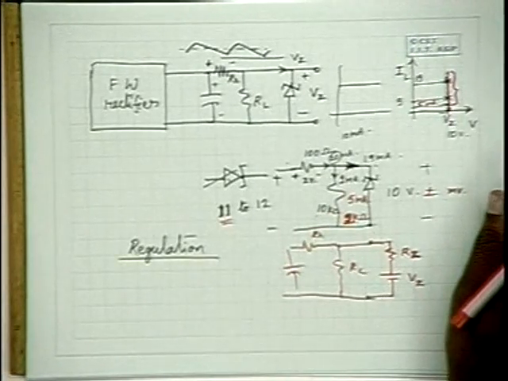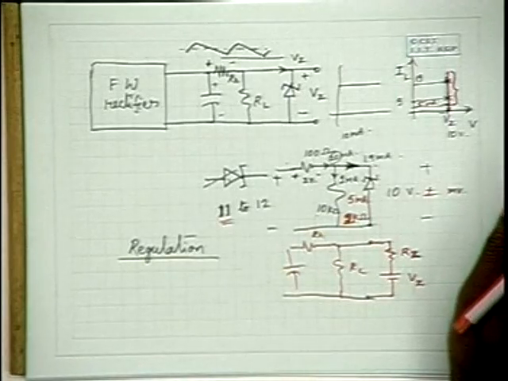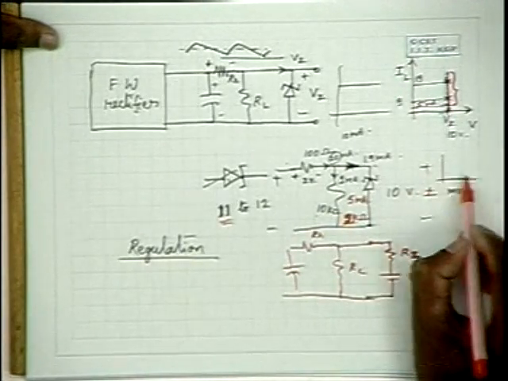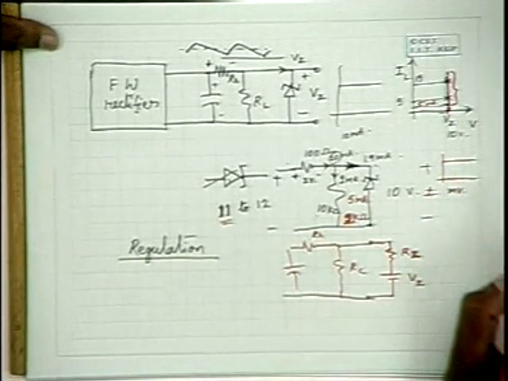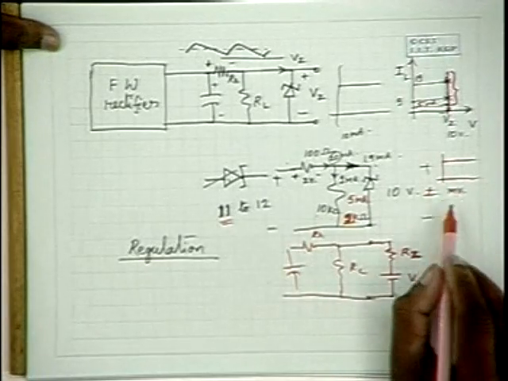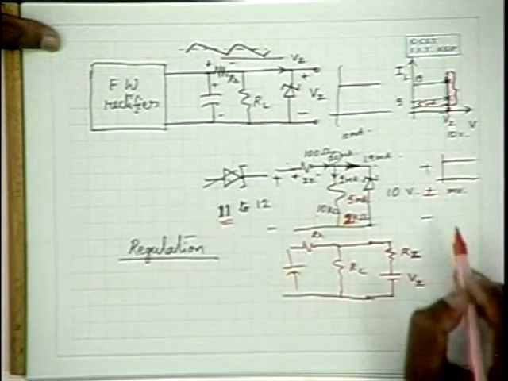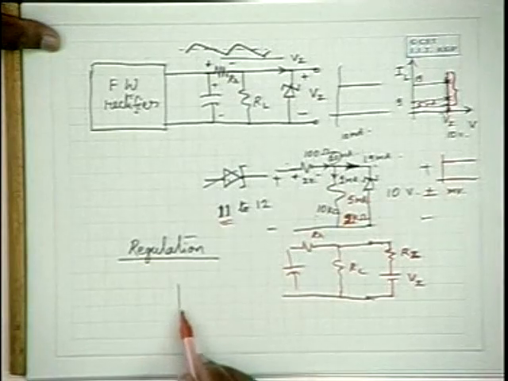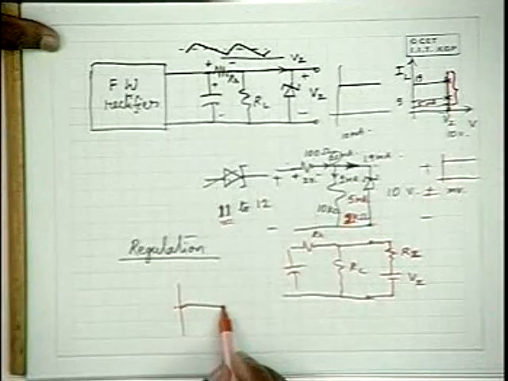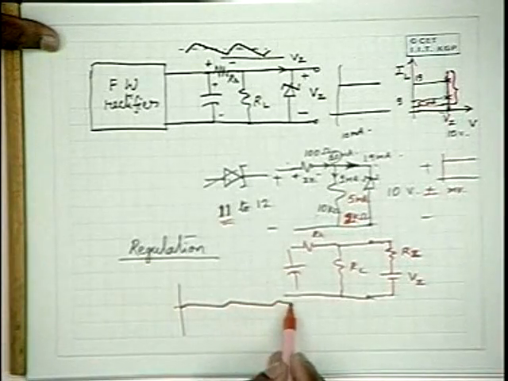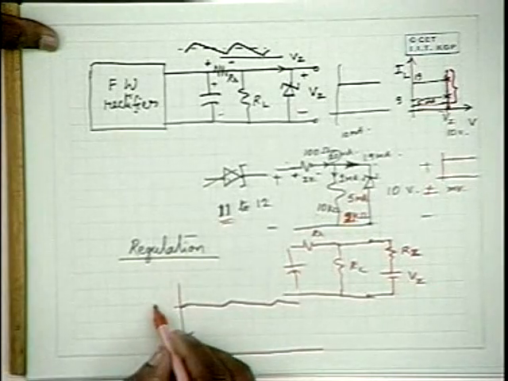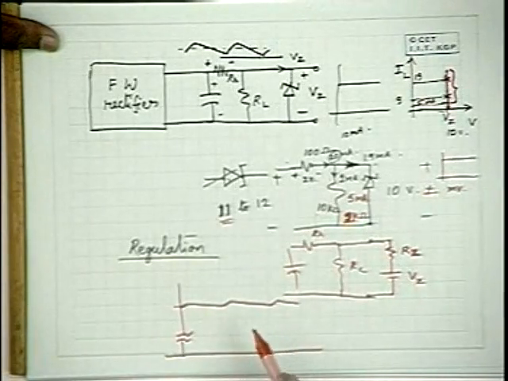What is the approximate waveform of the voltage? If you look at it with the naked eye on the CRO, you will find flat characteristics. But if you look at it microscopically, you will find some variation of this type, a few millivolts of variation.